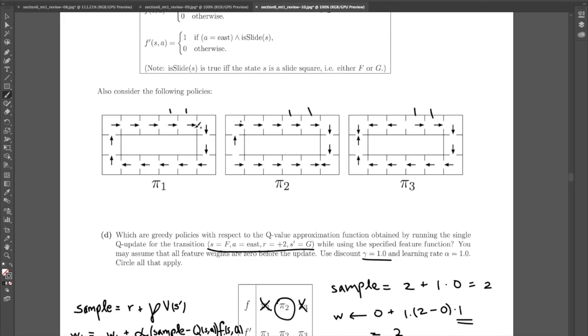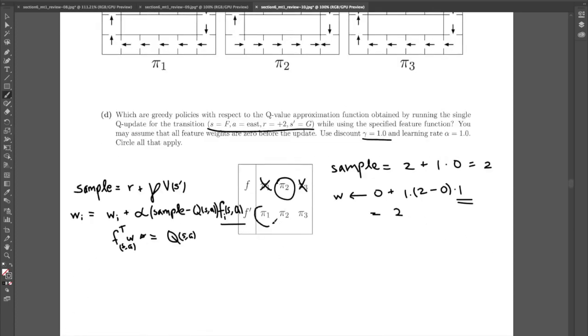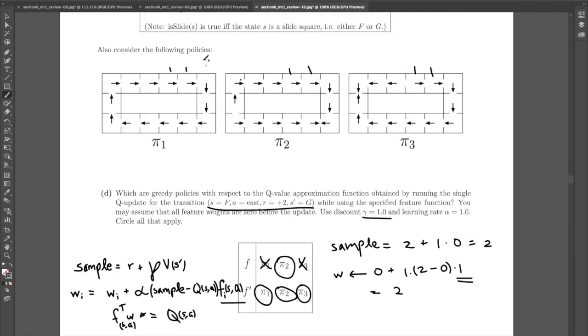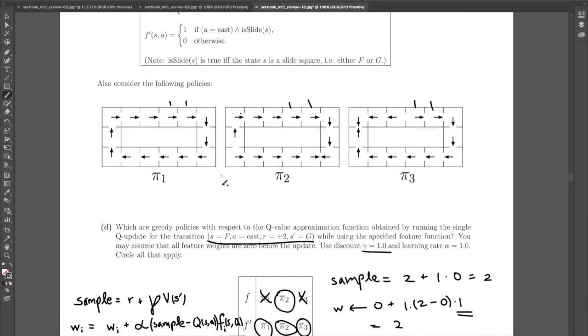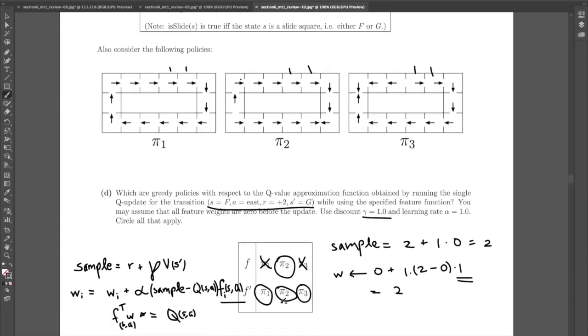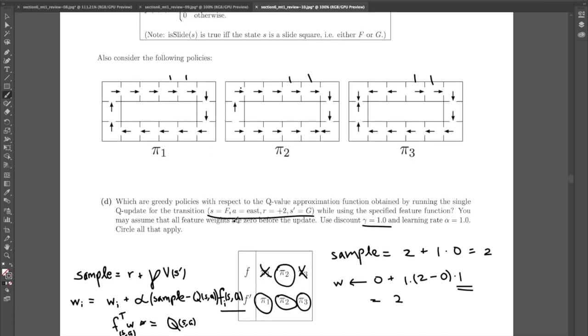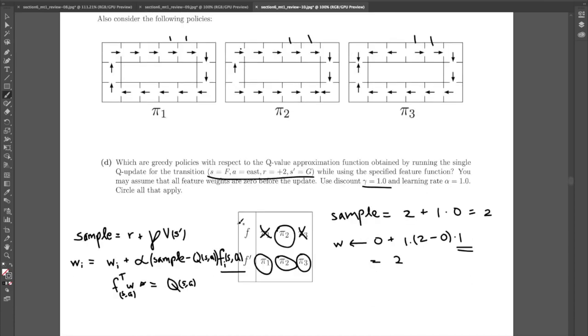And you can see that yes, they are in fact all east for all three of these policies, which means that all three of them could be greedy policies for f prime. And you can see that this is a case when you have multiple policies which are considered greedy. So it's not the case that there has to be a single unique greedy policy for a Q function. You could have multiple. And that concludes question 5.